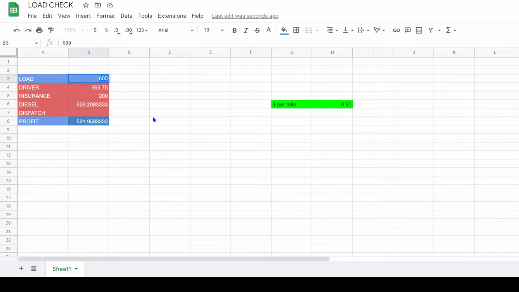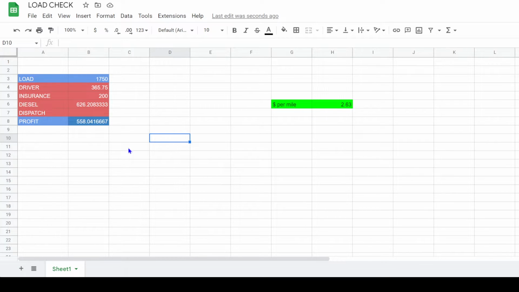So I usually go for $2.35 given how the market is now. Before, I would have gone for 2.70, 2.65. But let's just talk numbers here. If I put 1,500, it's $2.26. So this would have been a nice load if they would have been paying that from Florida.